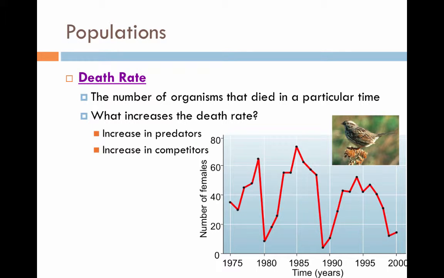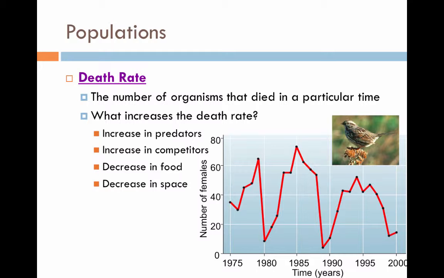What if a different population of birds entered the environment and were competing with the original population of birds for food? What if they both ate worms? What would happen to the bird population? Well, the death rate would increase, and therefore more birds will die and the population will decrease. Same idea about food. If there's less food, more organisms will die, and therefore the death rate increases.